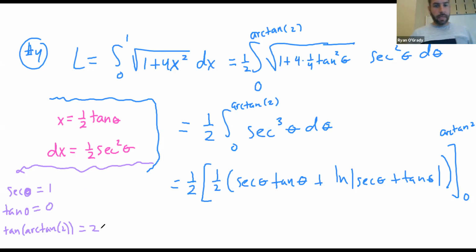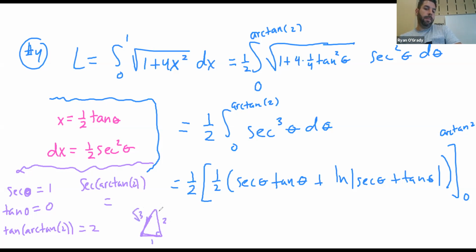And so the only one that remains a little bit tricky is, what is the secant of the arctan of 2? Well, you're going to need a triangle for this. So if you write down a triangle whose tangent is 2, the tangent being 2 would mean 2 over 1. And so that means that the hypotenuse is the square root of, excuse me, square root of 5. You should ponder this, not literally do it, but you should.